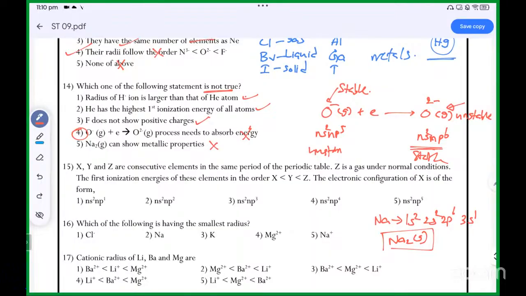The electronic configuration of X is of the form... දැන් කලින් කතන්දරෙමයි. මේකෙදි කියනවා X, Y, Z are consecutive elements in the same period of the periodic table. Z is a gas. So Z is a gas now. They're talking about a gas. X, Y, Z consecutive. Z is a gas under normal conditions, first ionization energies of these elements are in the order X, Y, Z. ඒක පිළිවෙලට වැඩි වෙගෙන යන තුනක් තියෙනවා. X, Y, Z. And Z is a gas.